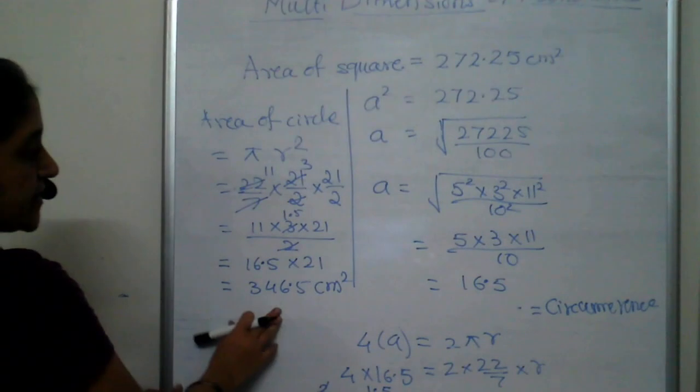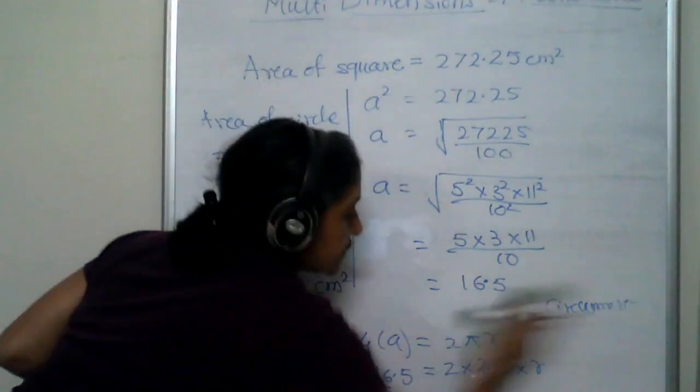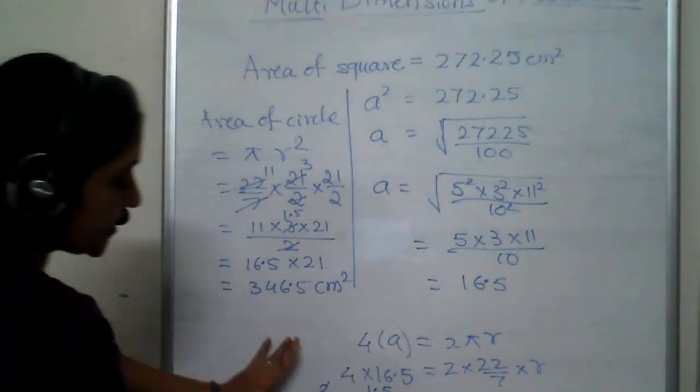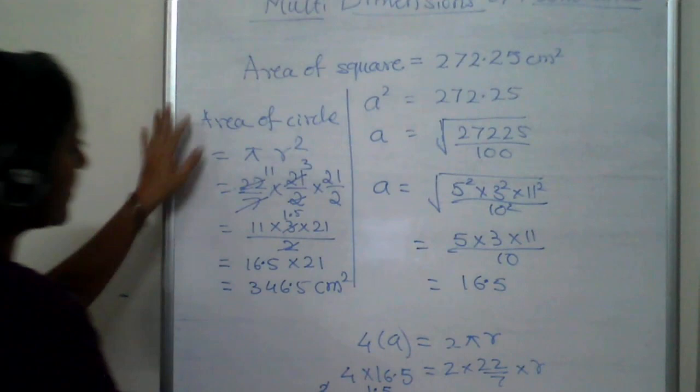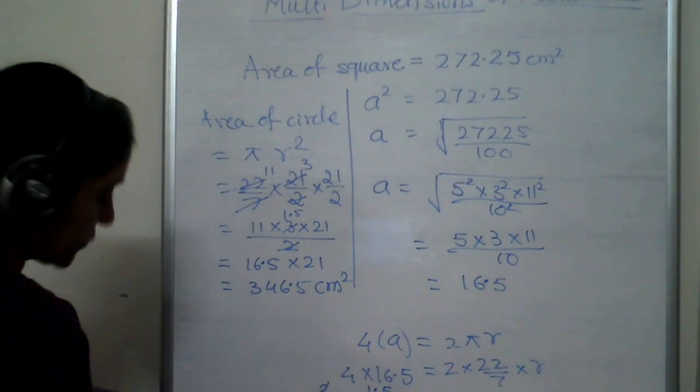Now hope this is clear, and A is equal to this. Why it is? Why the perimeter is equal to circumference I explained. We got a radius of 10.5 and we have the answer for this as 346.5.